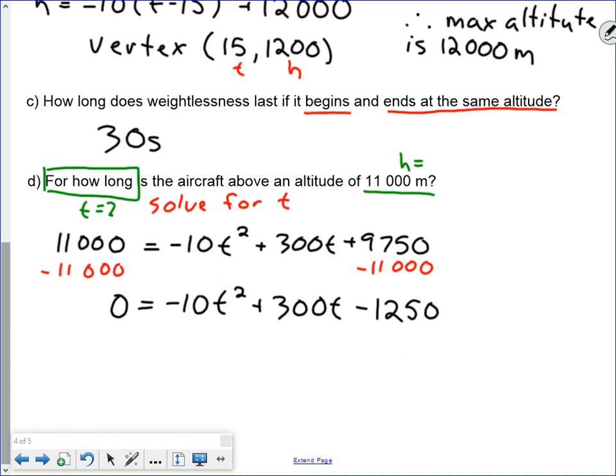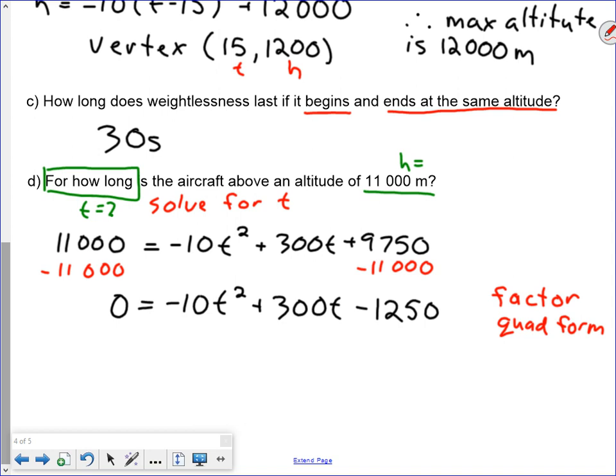All right, now how do we solve this equation? We know a couple of ways of solving quadratic equations. We can factor, or we can use the quadratic formula. If you're not sure whether or not it's going to factor, I would recommend using the quadratic formula.